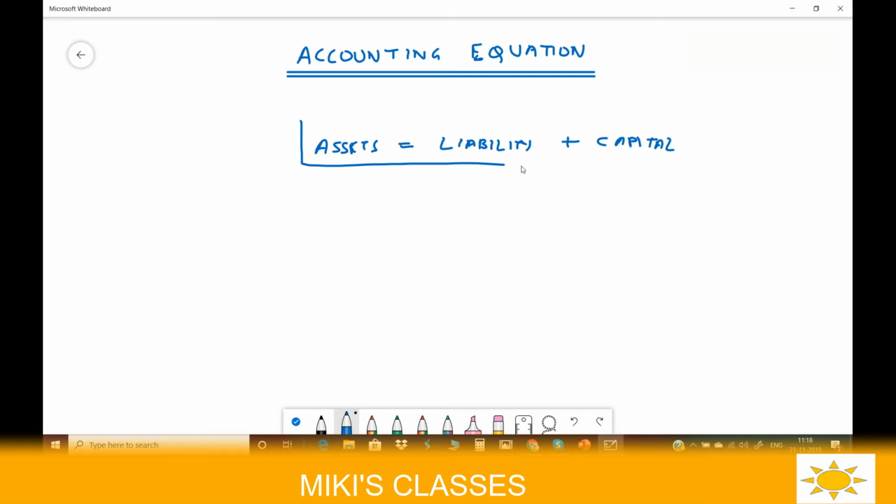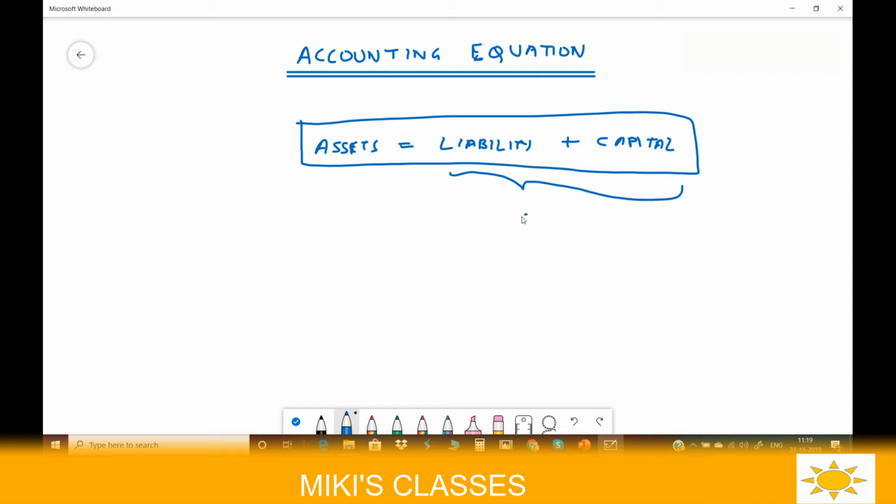Correct? Assets is equal to liability plus capital. And we know the liability and capital can be thought of as the source of funds for the business, from where the funds go into the business, and assets is where the funds get used. Correct? You use the funds here.